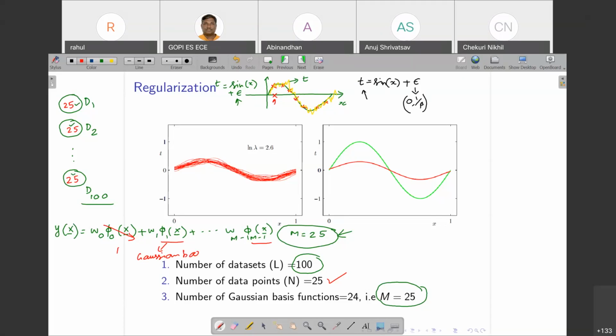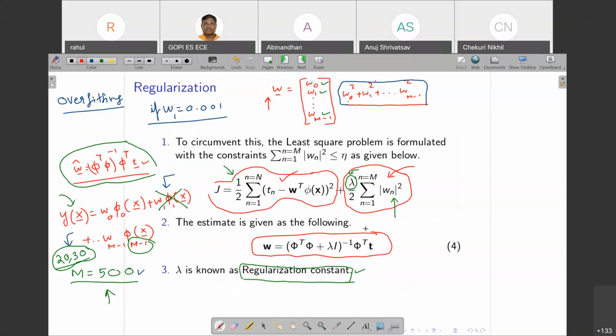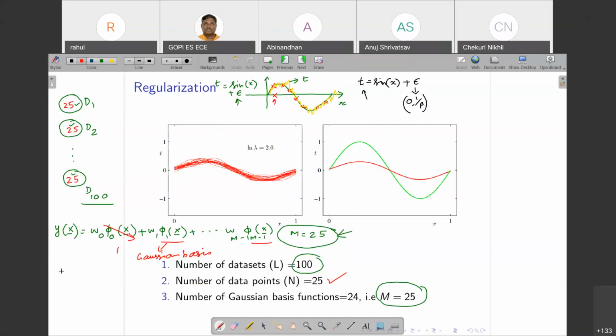You know how to solve for W. You are going to use the regularization method, and this is the solution.